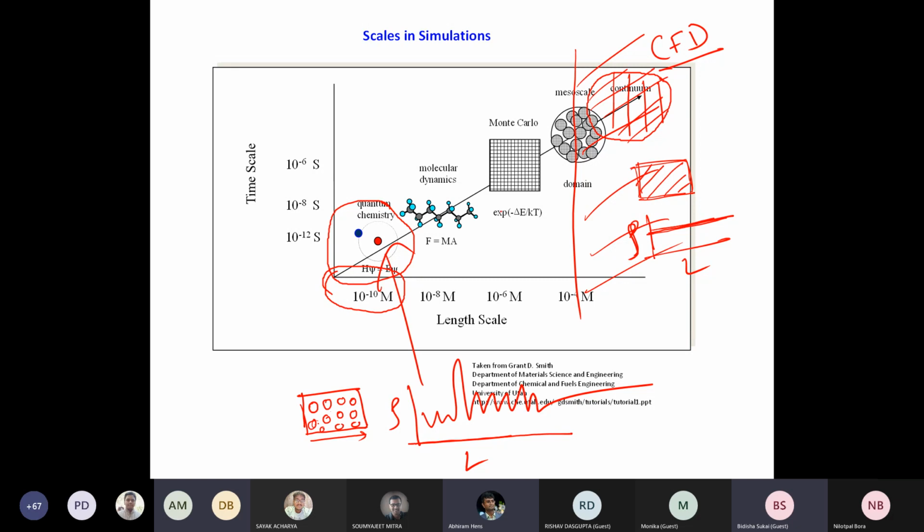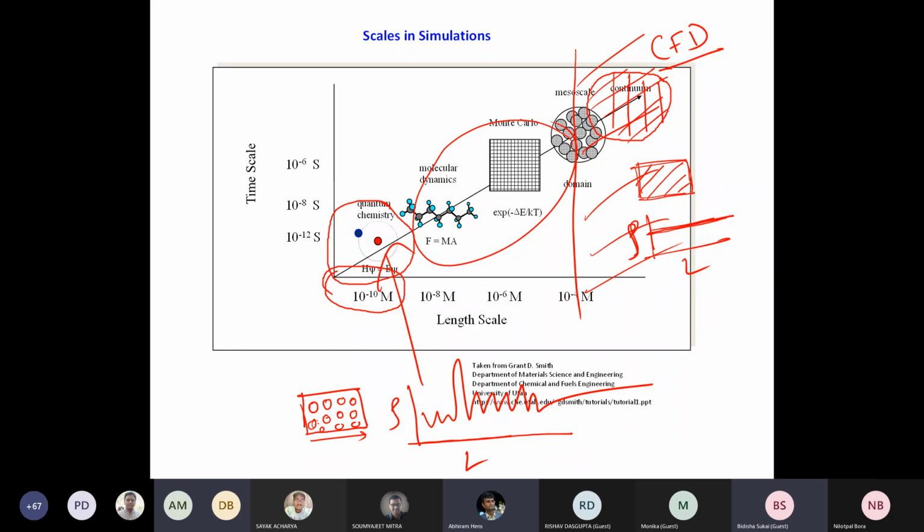Even if you go to this 10 to the power minus 10, 10 to the power minus 6 domain, here also the assumption of continuity will not be valid. So you cannot apply it very frequently in a nano world. In a nanotechnological domain where phenomena are taking place at the nanoscale, it may not work.